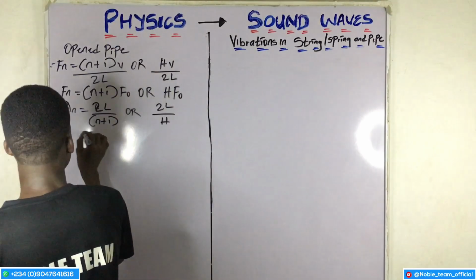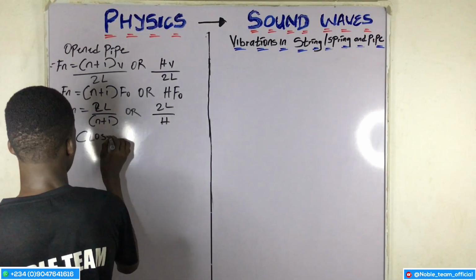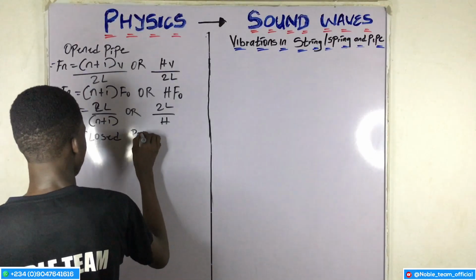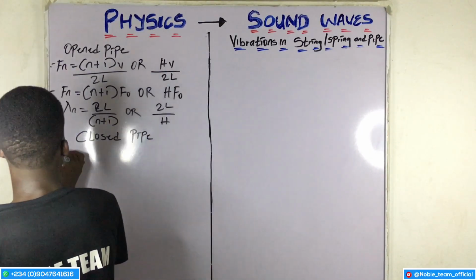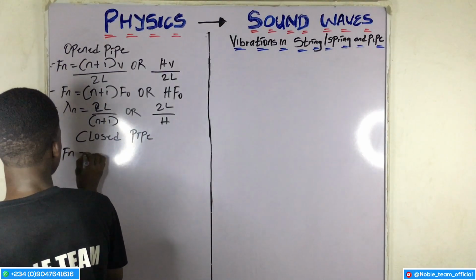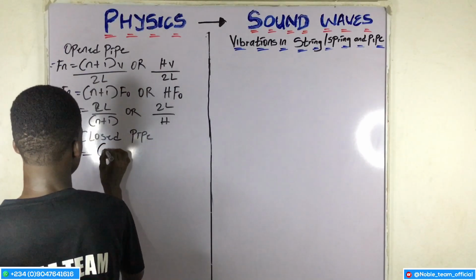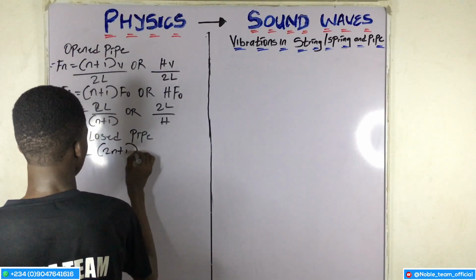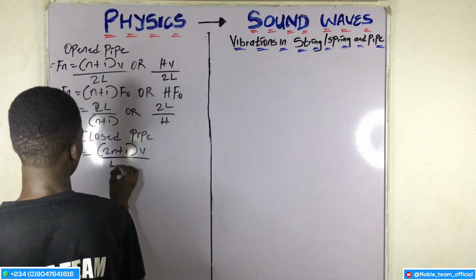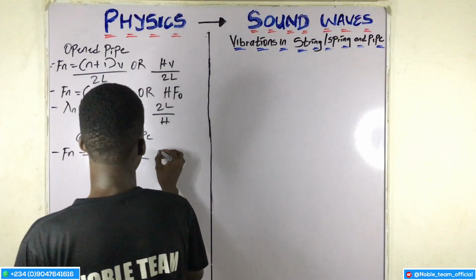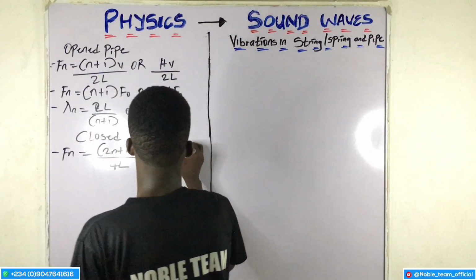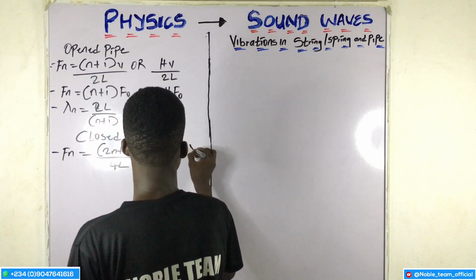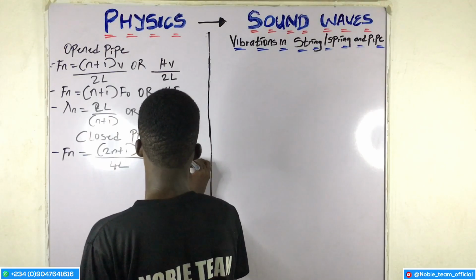Now in a closed pipe, Fn is equal to (2n plus 1) V over 4L, or HV over 4L.